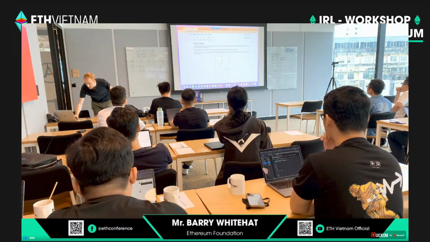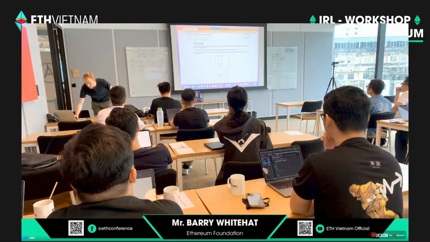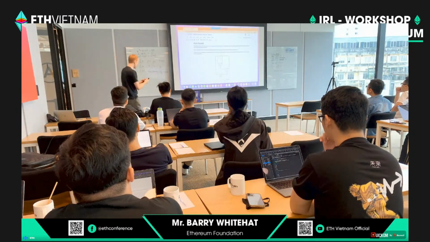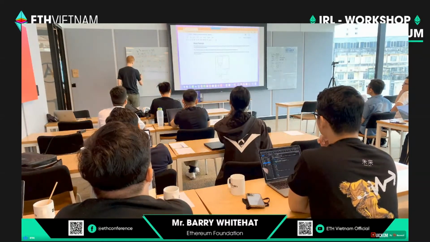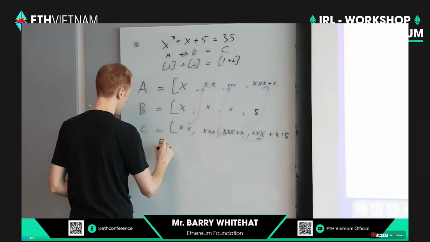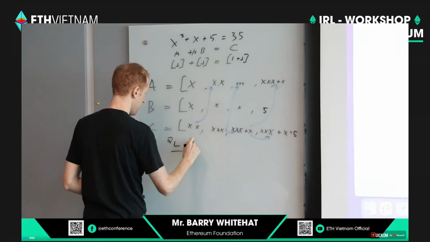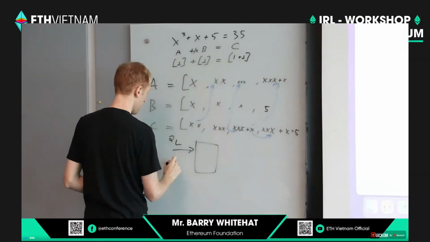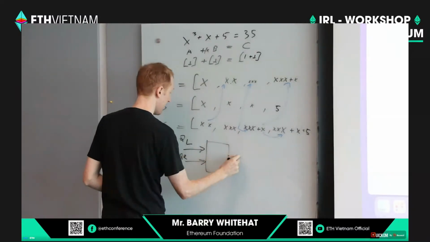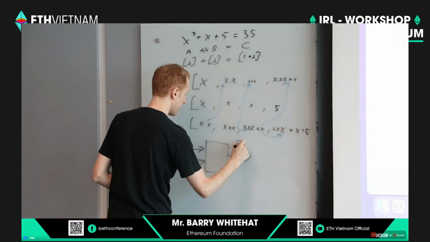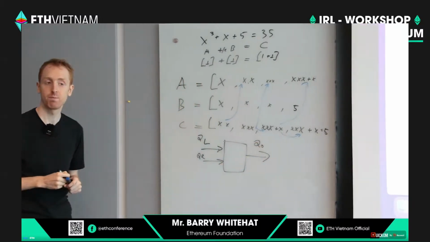This is QL, this is QR, this is QO. Each time we have a gate, we have the left-hand side, QL, the right-hand side, QR, and the output, QO.